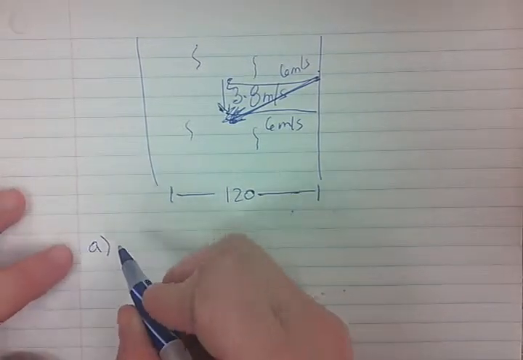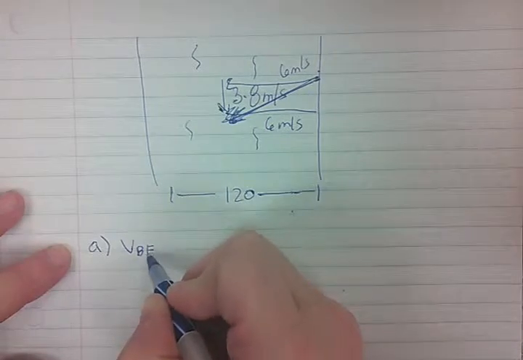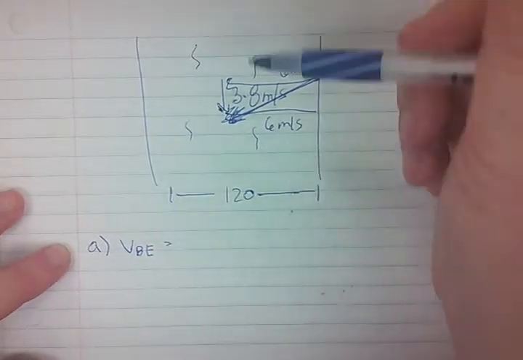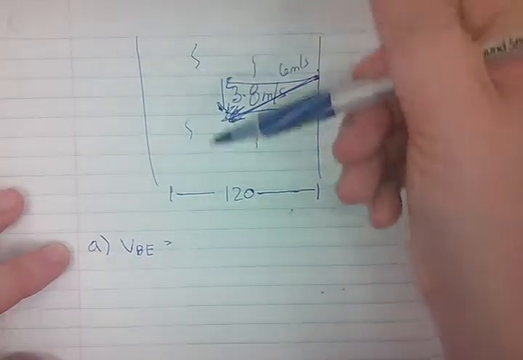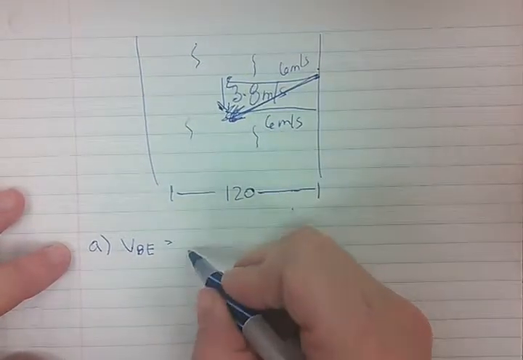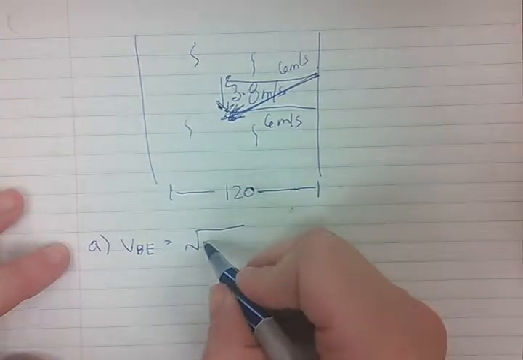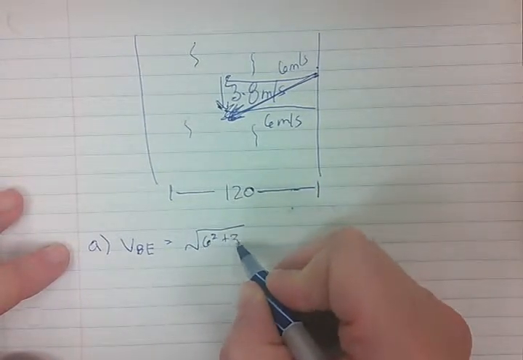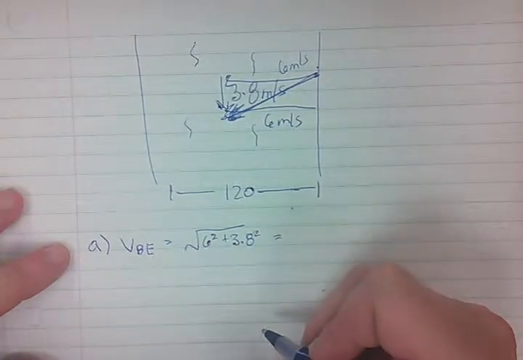So for part A, we want to find the velocity of the boat relative to the Earth. So the current's going to also cause the boat to go a little bit faster because it's changing the direction. So we want to find the hypotenuse of that triangle. It's going to be the square root of 6 squared plus 3.8 squared.